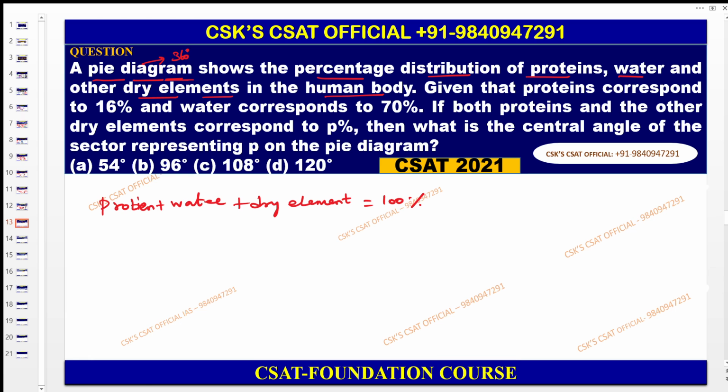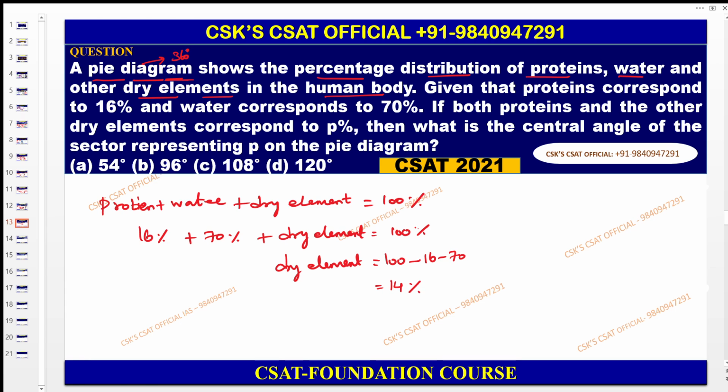Now protein corresponds to 16%, water corresponds to 70%, then the dry element you need to find out. What is the dry element? 100% minus 16 minus 70, which is equal to 100 minus 86, which is equal to 14% dry element. Now we have found this also.